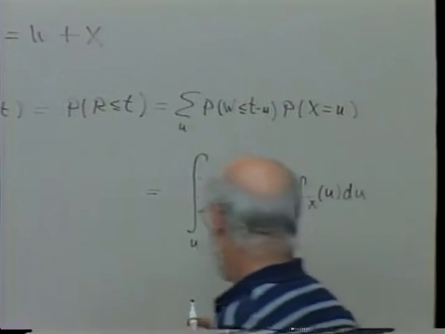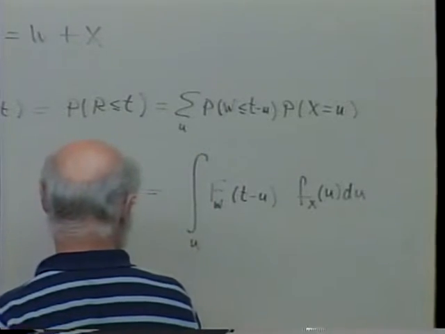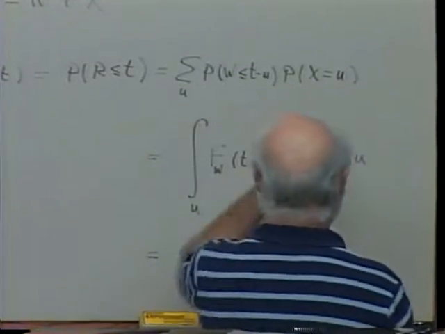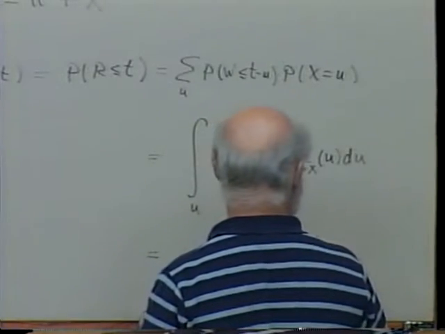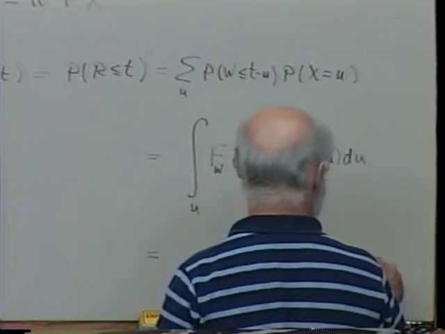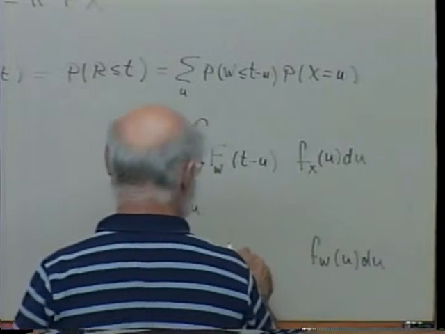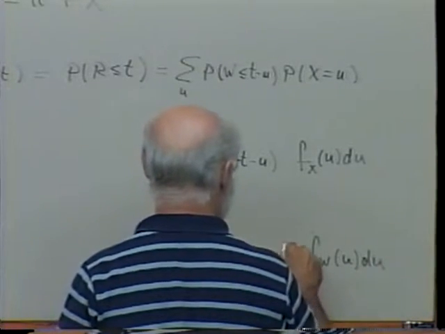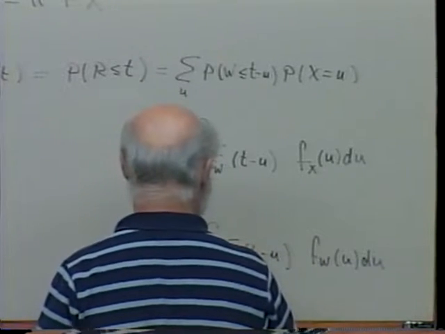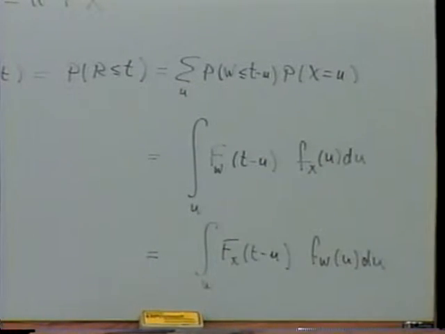Now, there's another way to do it, because why did I set X equal to U? Why didn't I set W? I could have written the density function of W evaluated at U du, multiplied that by the distribution function of X evaluated at t minus U, and integrated that over all U. What's the difference whether I write R equals W plus X or R equals X plus W?